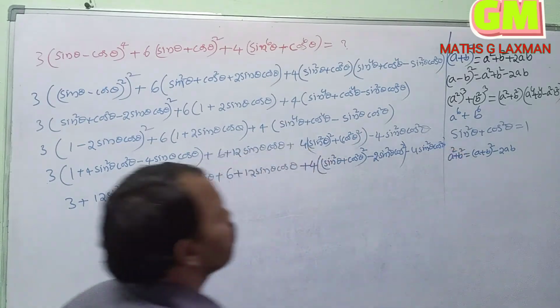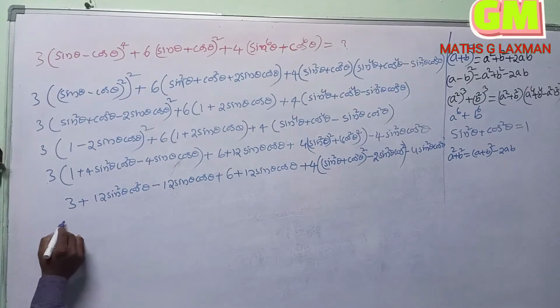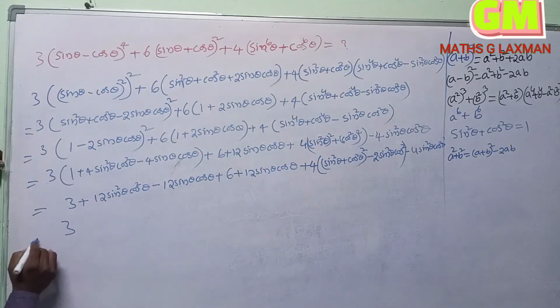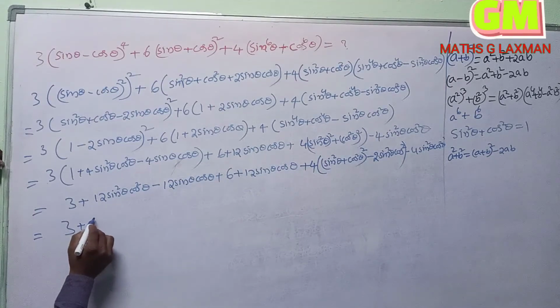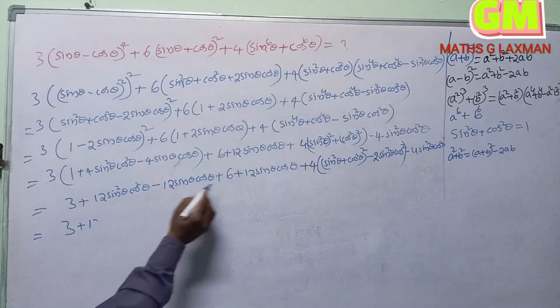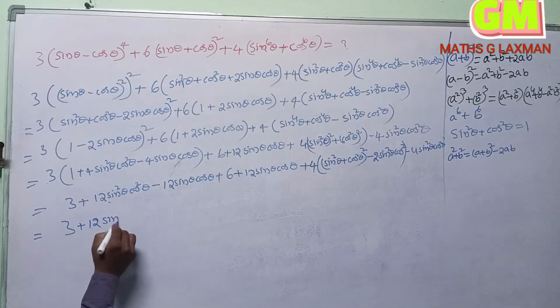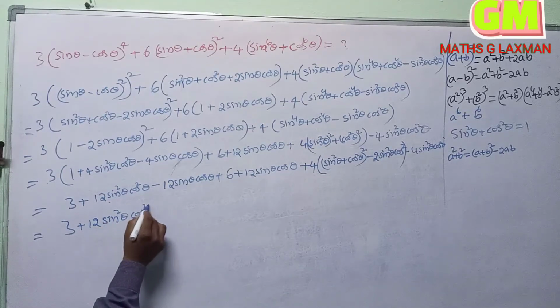Okay, so now this is 3, plus 12 sin²θ cos²θ.